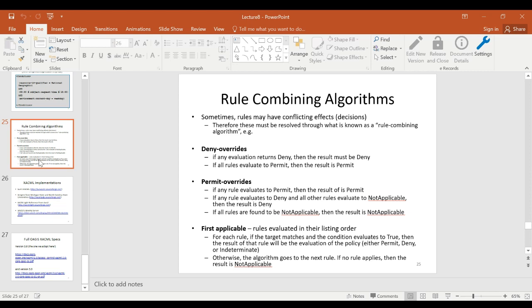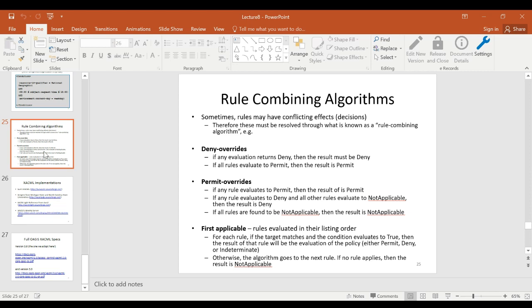And in some cases, we might have inconsistencies, or situations where multiple rules apply to the same request. So, what do we do in that case? How do we resolve this situation where you have, say, 3 or 4 rules at the same time applying to the same request, and some of those rules are saying permit the request, and some of the other rules are saying no, you shouldn't permit it, you should deny this request?